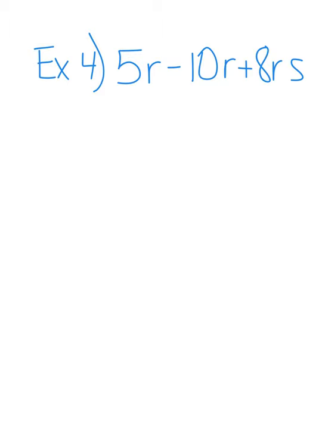Excuse me. Here I have a 5r minus a 10r plus an 8rs. Again, the first thing we want to make sure that we're doing is we are changing all of our subtraction to add the opposite. That's step 1. Now let's try to identify what we think our like terms are. It would be our 5r and our negative 10r because they have the same letter that's to the same power.